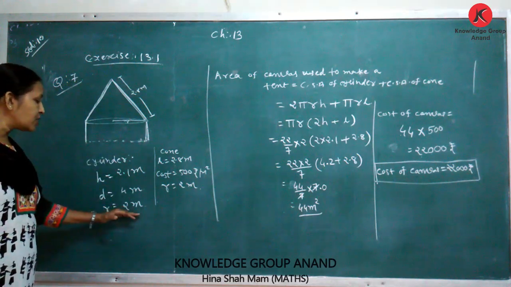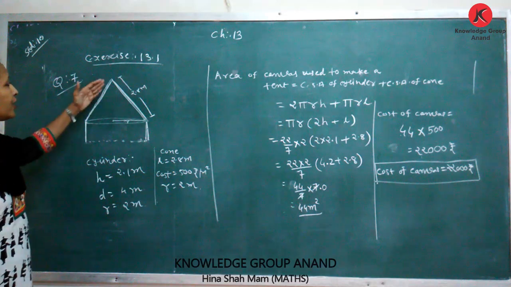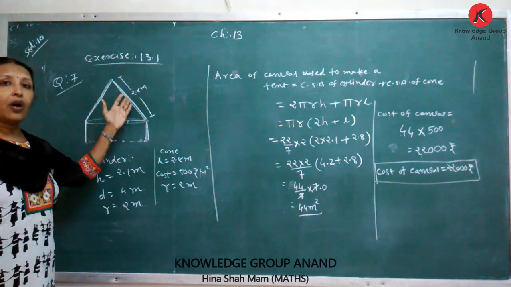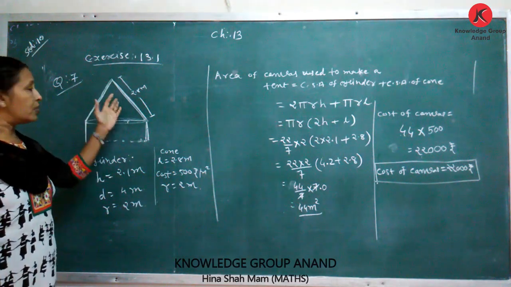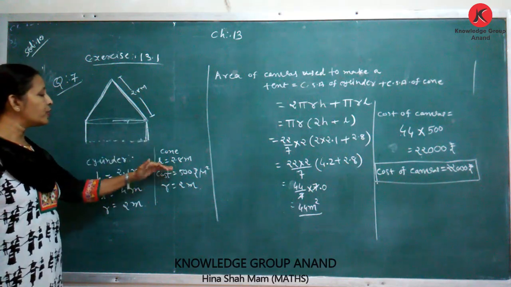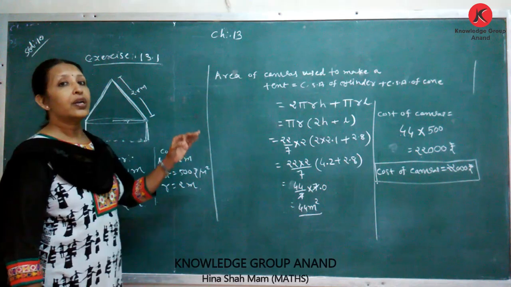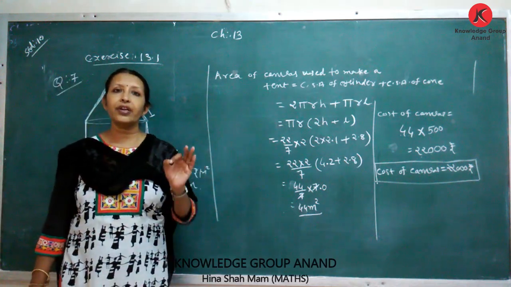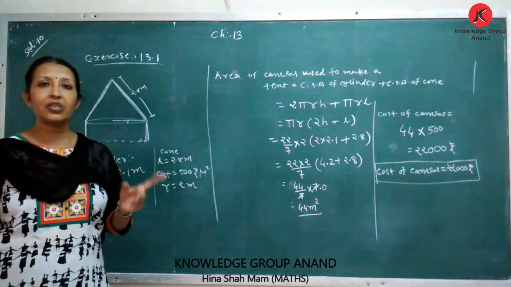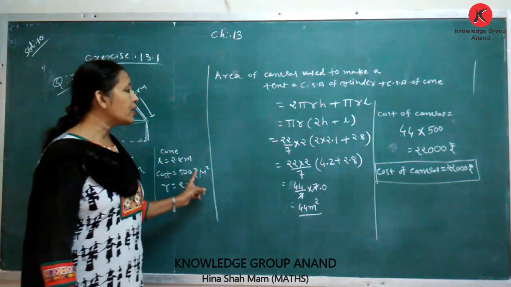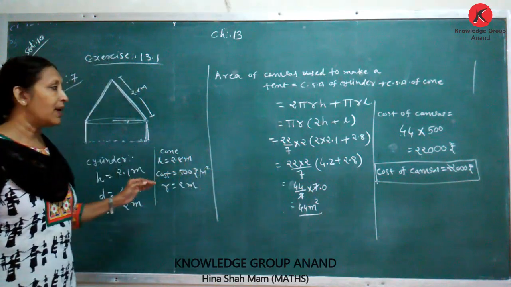Then radius is equal to 2 meter. Slant height of the cone on top is equal to 2.8 meter and cost of canvas is equal to 500 rupees per meter square. Then find the total cost of canvas.